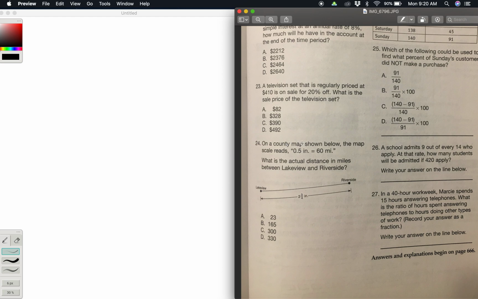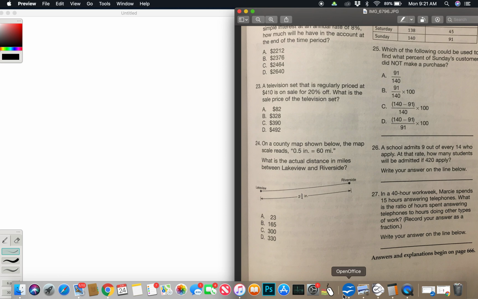Okay, on a county map shown below, the map scale reads 0.5 inches equals 60 miles. What is the actual distance in miles between Lakeview and Riverside?